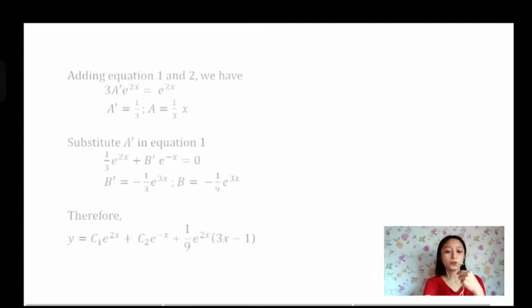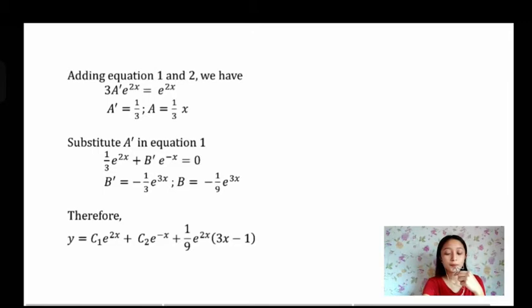Adding 1 and 2: a prime e^2x plus b prime e^negative x plus 2a prime e^2x minus b prime e^negative x. Cancel the positive b prime e^negative x and the negative b prime e^negative x.